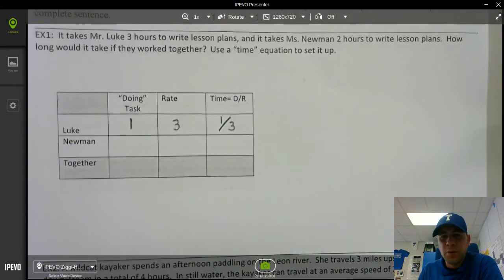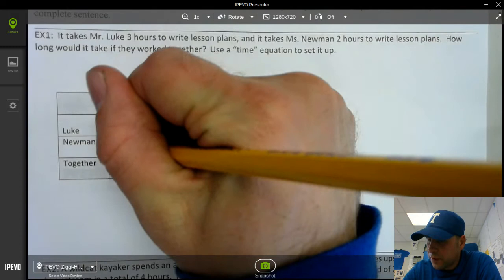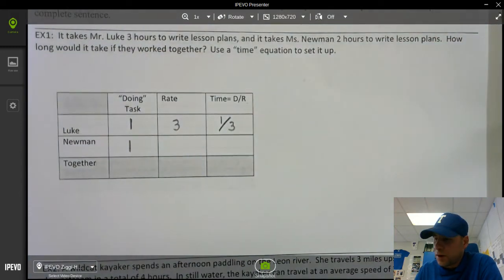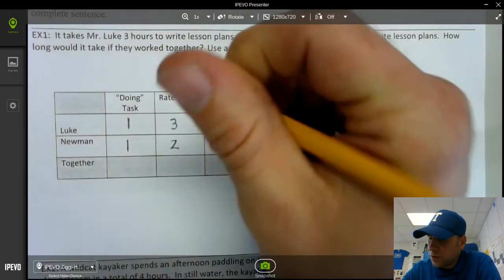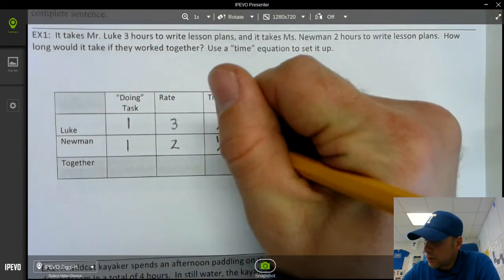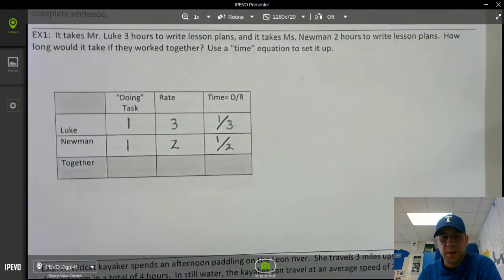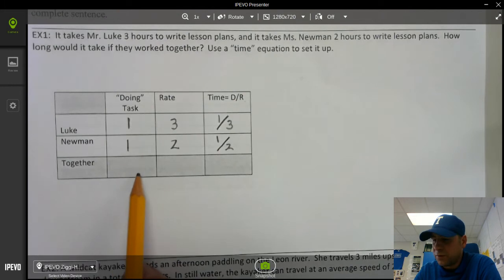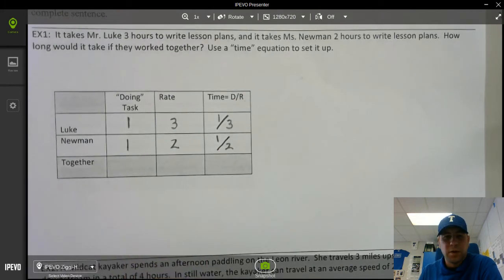Now Miss Newman's task, so just doing 1 task. Now her rate is 2 hours. So her time is 1 task in 2 hours. Now, I want you to think about the together, and see if you can fill in what goes in the together part.